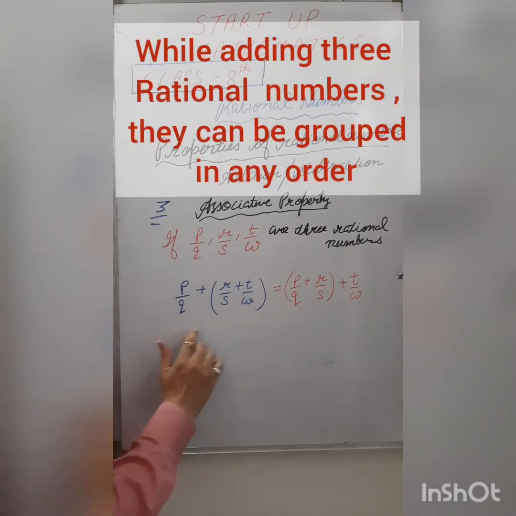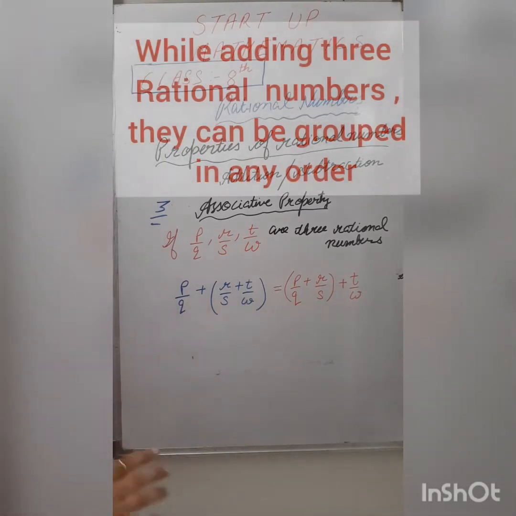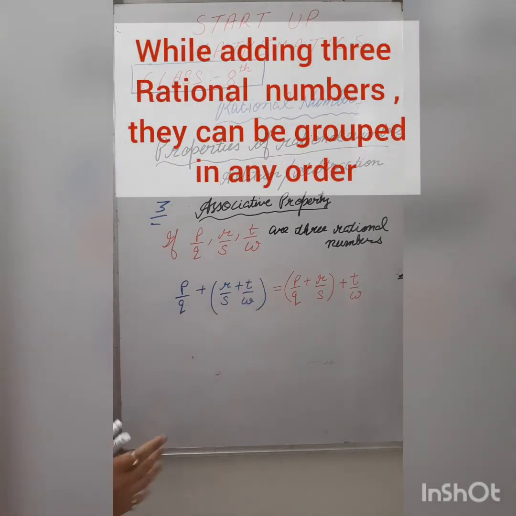Either you can add in this order or you can add in this order by grouping the two rational numbers, right? So you can group in any order.